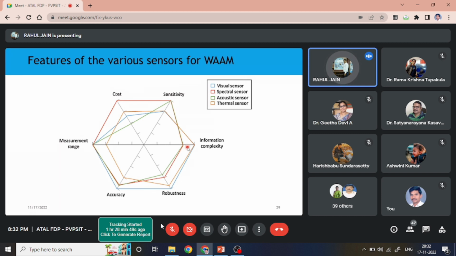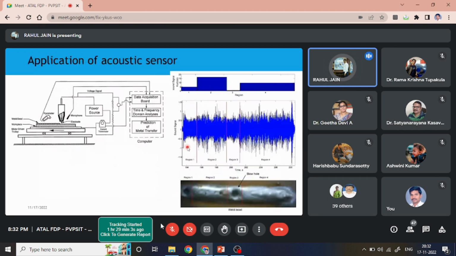Information complexity: it is only capturing the sound, right? And this sound can only give you a certain piece of information. It will not give you the information from the mechanism point of view. Meaning, like I have shown you in this particular case, with the help of this analysis, we can say there is a defect. But why has this defect happened? What change has happened in the molten pool dynamics because of which this defect has happened?